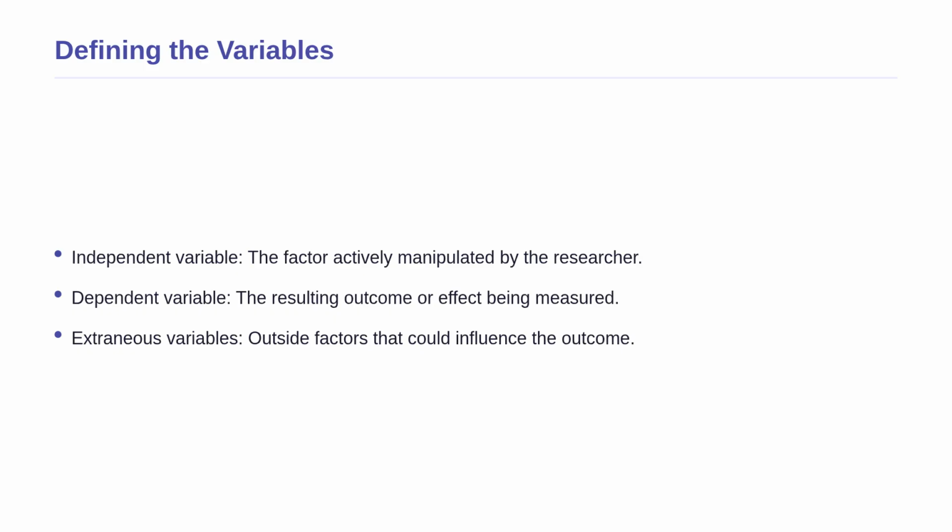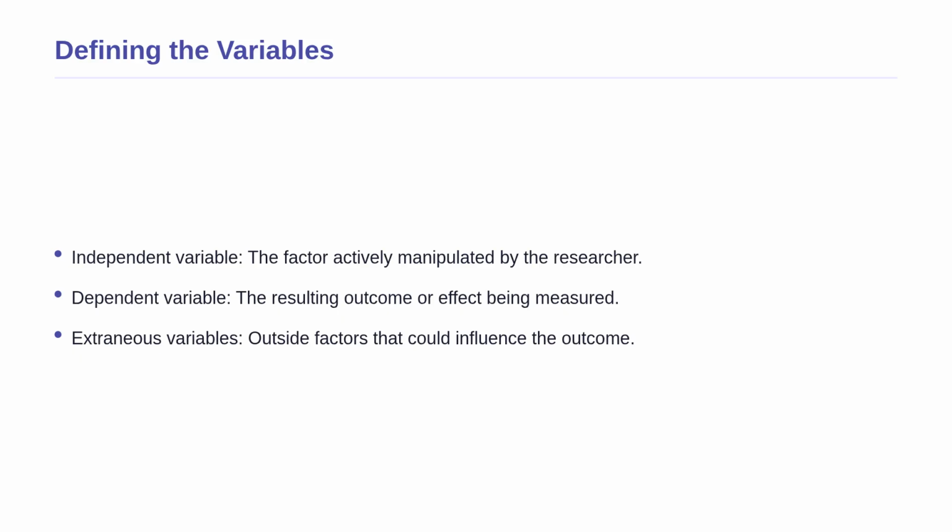Now that we understand the basic idea through our cake analogy, let us formalize these concepts using scientific terminology. In any experiment, we have specific names for the factors we are looking at. The independent variable is the specific treatment or cause that the researcher actively manipulates, like the extra egg.